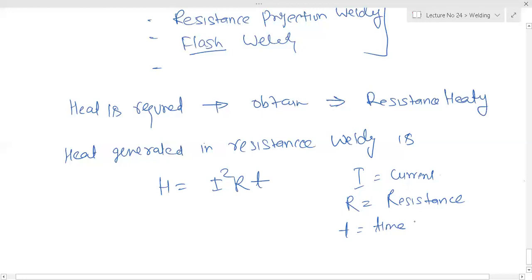What time? Time of flow of current, right? Or we can say time of current flow. So if you have more time, more resistance, more current, more heat will be generated.